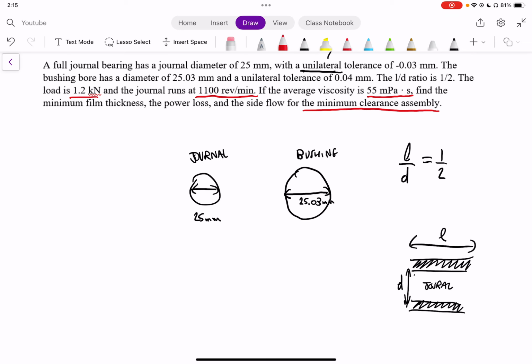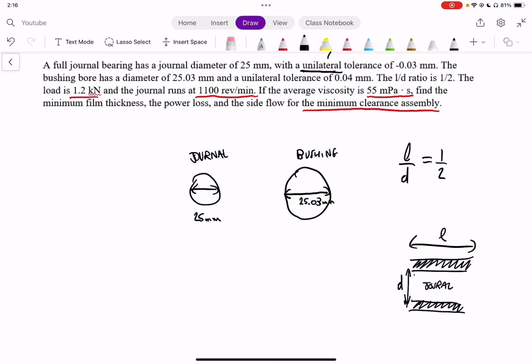Minimum clearance assembly means that there is the smallest clearance possible between these two systems. And we can clearly see that the smallest gap possible between these two systems, if we take out the tolerances, is going to be the 0.03. But we'll look at that in a second as well.